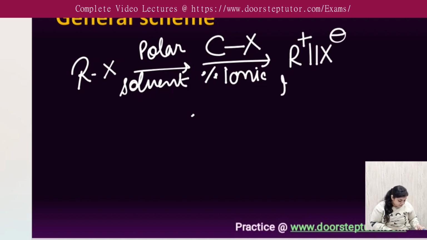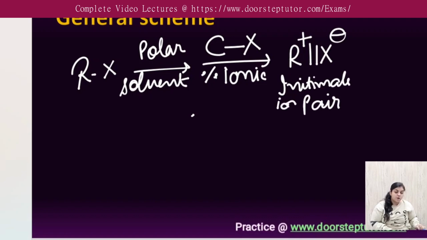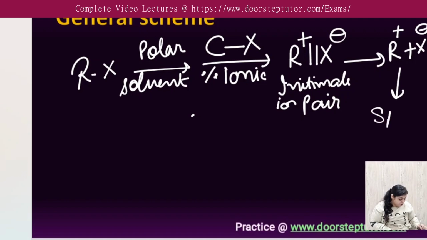This is called an intimate ion pair. So when the percentage ionic character is more, we get the formation of intimate ion pairs, which on further solvation give you the carbocation, that is R positive plus X negative. Such a mechanism is generally seen in the cases where SN1 reactions are taking place.